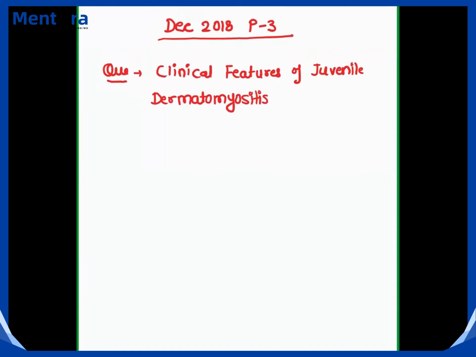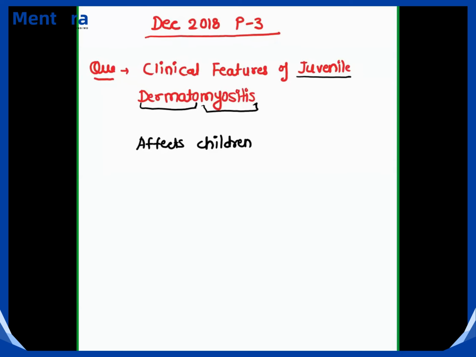So as the name suggests, juvenile, dermato, and myositis. So it affects children between 5 to 14 years.